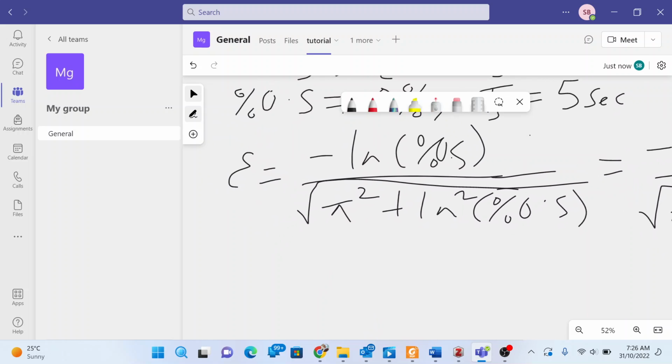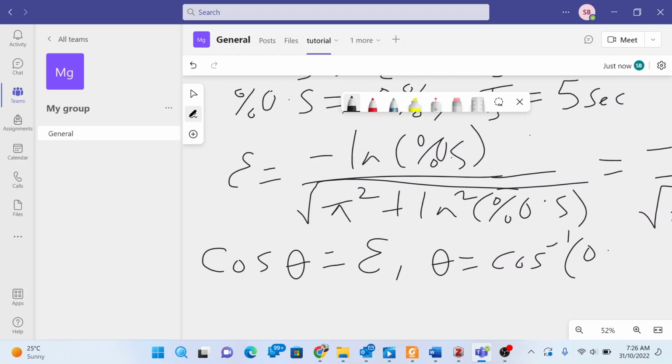We know that cos theta is the same thing as this zeta that we got just now, and from here it means theta is equal to arc cos 0.5912.